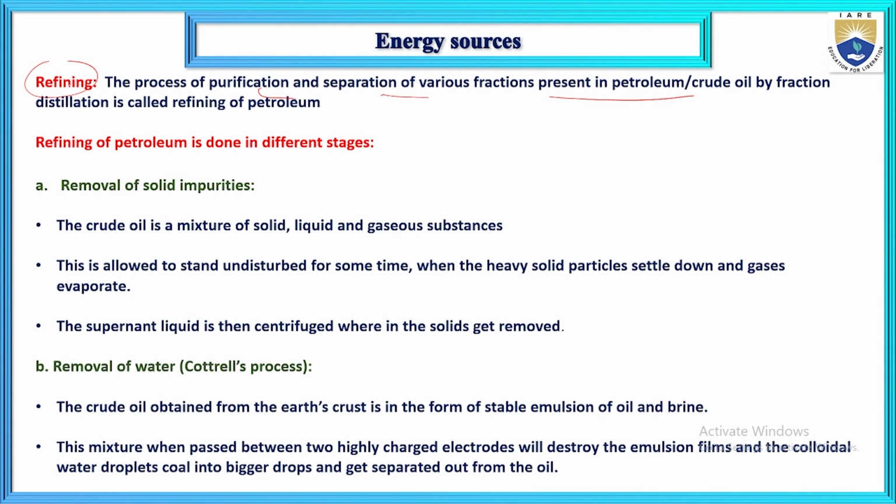By using which method? By using fractional distillation. The petroleum contains several fractions, and we have to separate and purify them by the fractional distillation process. So what is refining of petroleum?